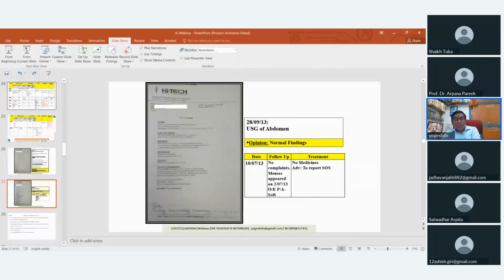When they showed me the report, there were no complaints, no treatment was needed, and the patient was advised to report SOS.